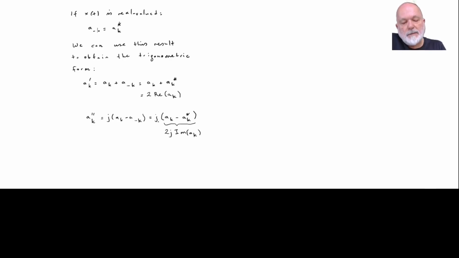So j multiplied by j gives us minus 1. So ak double prime becomes minus 2 times the imaginary part of ak. Okay, so for real valued signals, in the trigonometric form of the Fourier series, we can evaluate the coefficients by using these expressions.